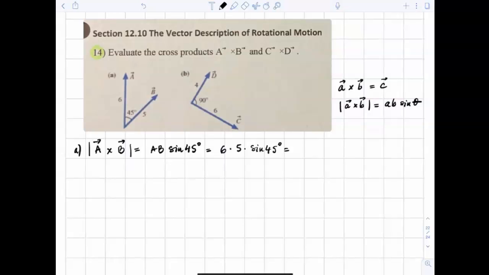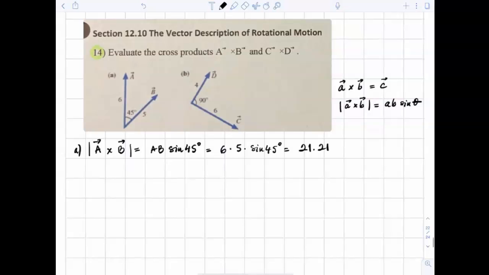Use your calculator. Make sure your calculator is in degrees. So I'm getting 21.21.